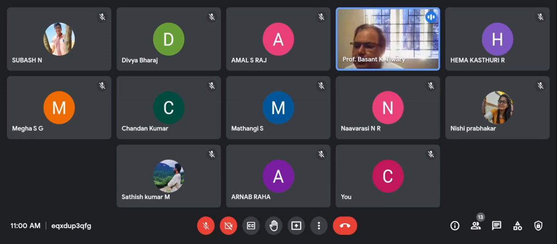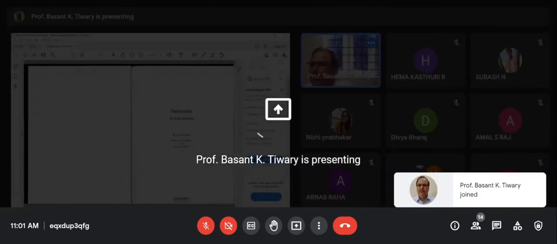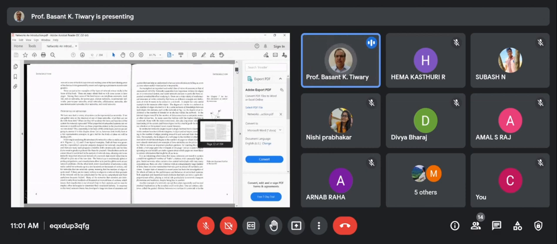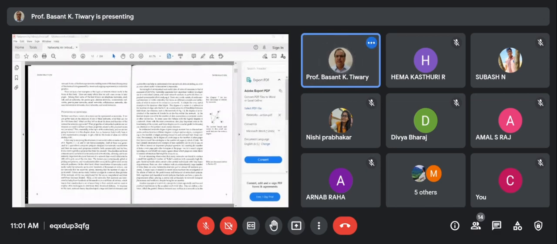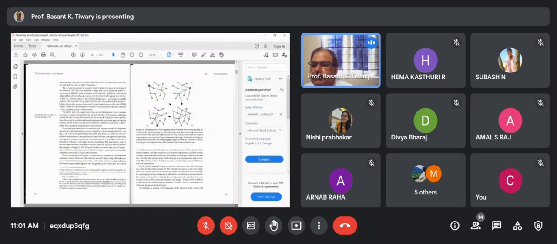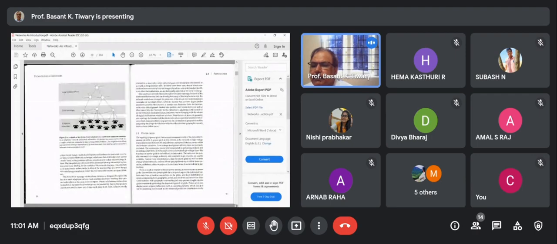I will take the help of the book by Newman. About the basic properties of networks, we have already discussed them, and you can measure all other properties.